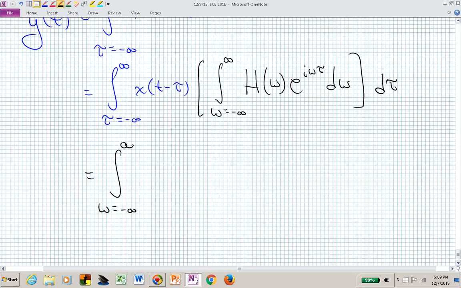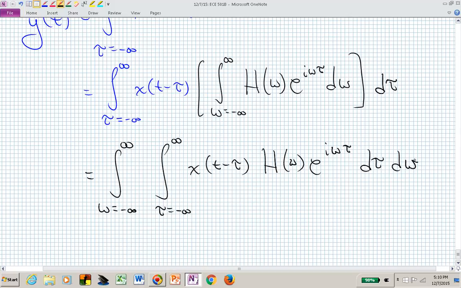Let's say the first integral is integrating from omega equal minus infinity to infinity. The second integral is tau equal minus infinity to infinity. And we have x of t minus tau, h of omega, e to the i omega tau, d tau, d omega.